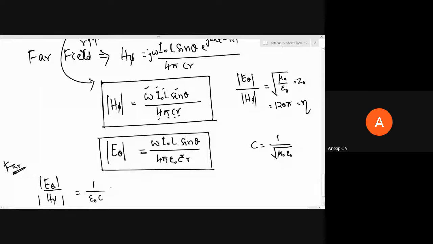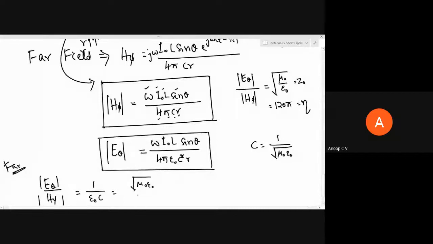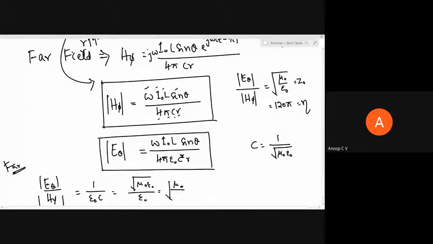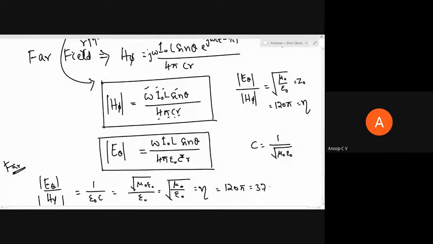Substituting c as 1 by root of mu naught epsilon naught, this is root of mu naught epsilon naught divided by epsilon naught, which is root of mu naught by epsilon naught. This is the intrinsic impedance of free space, equal to 120 pi or 377 ohm.